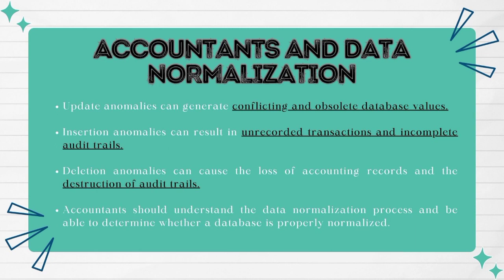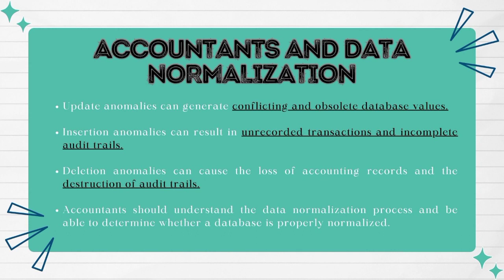In here, accountants and data normalization, which data normalization is a technical matter that is usually the responsibility of system professionals. The subject, however, has implications for internal control that make it the concern of accountants also. For example ay sa update anomalies where it can generate conflicting and obsolete database values.